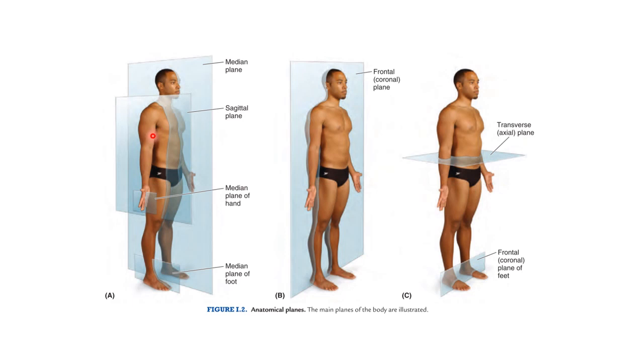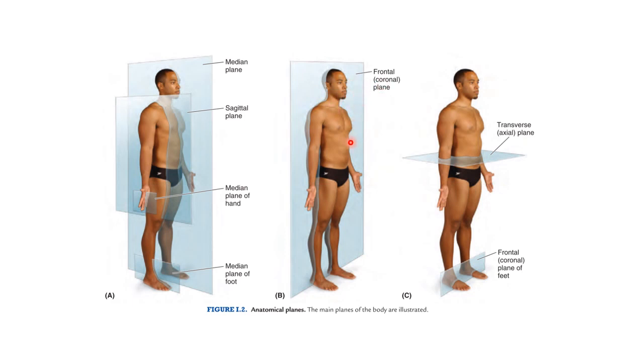So, hindi siya pantay kasi hindi siya sa gitna. This plane that divides the body so is called the sagittal plane. Okay? If you have a plane dividing the human body into front and back parts, that is your frontal or coronal plane.